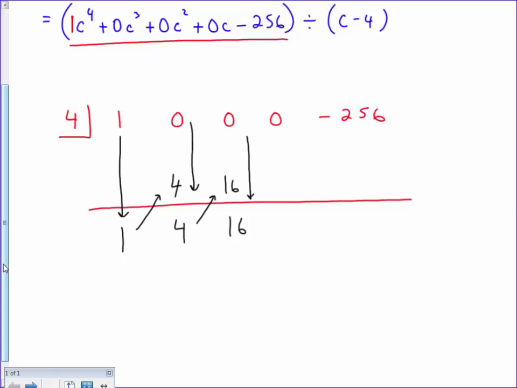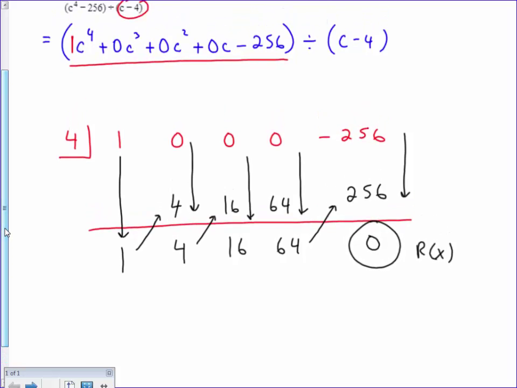Multiply the 16 by the 4 in the box, that would give me 64. Add down, that would be 64. And then 64 multiplied by 4 is 256. Add down, and here I would end up with 0 as a remainder. So here, that's always the remainder.